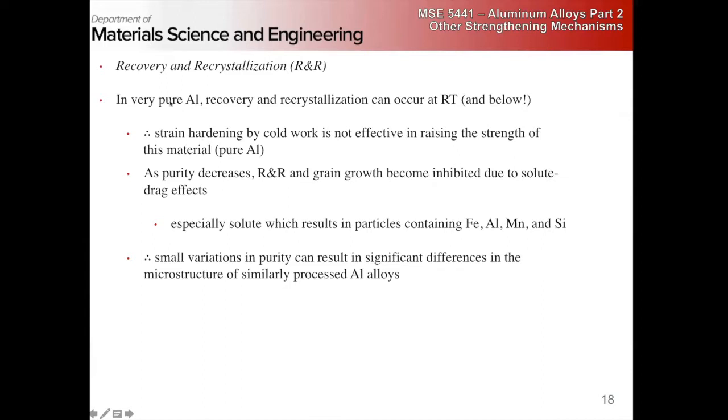Strain hardening, right? Because aluminum recovers really well, right? So why does aluminum recover really well? It's like one of the drums I've been beating the whole time. High stacking fault energy, partials close together, easy cross slip, dislocations can annihilate, right, through recovery mechanisms.